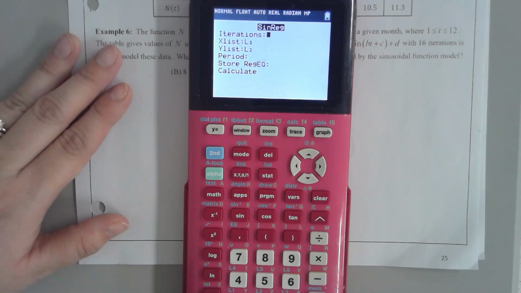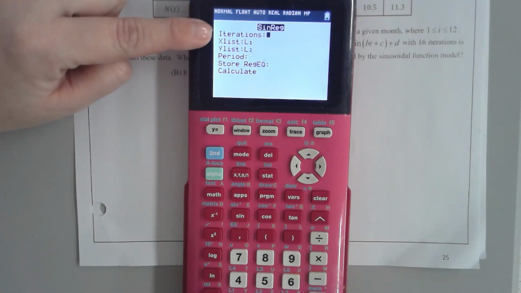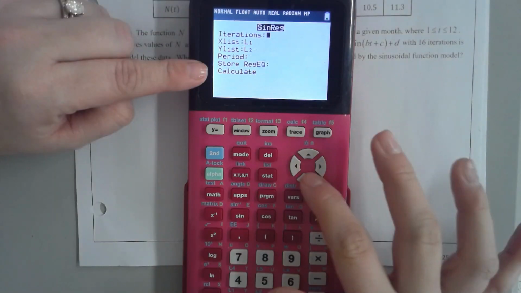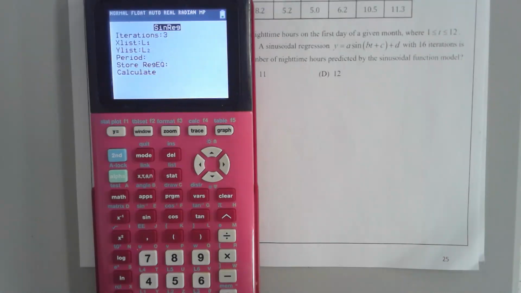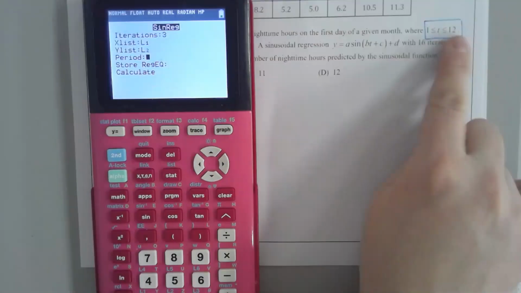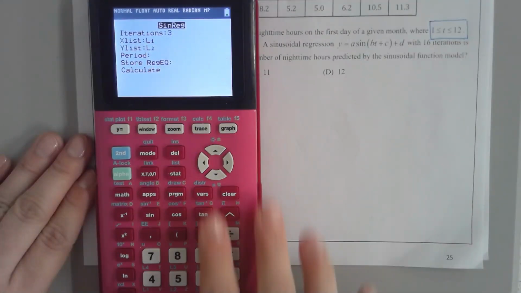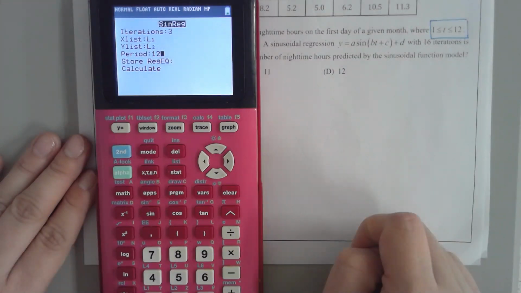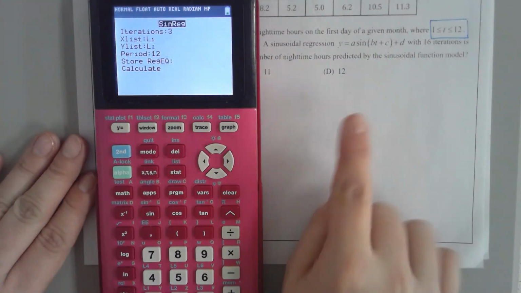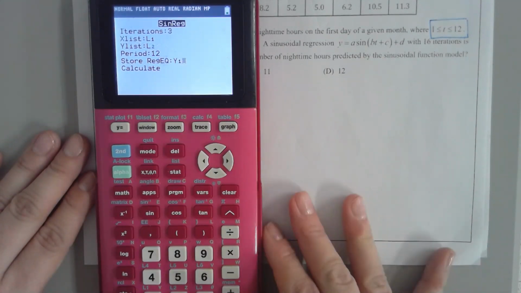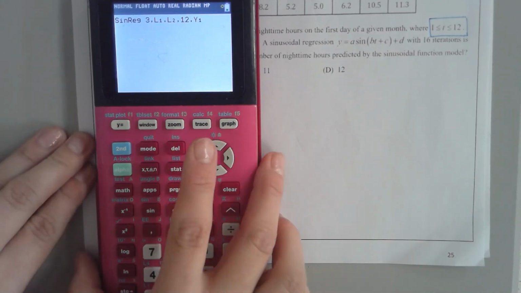It looks a little different. The iterations, your problem should give you, and the interval. That's going to be your period. Numbers. Trace and calculate.